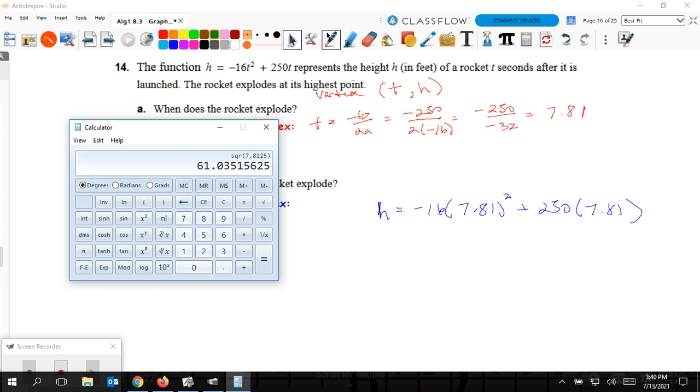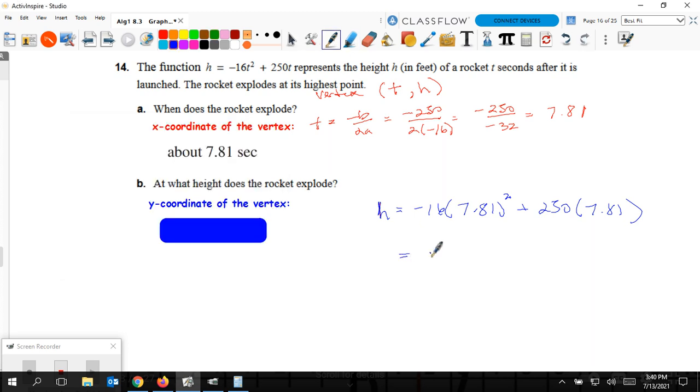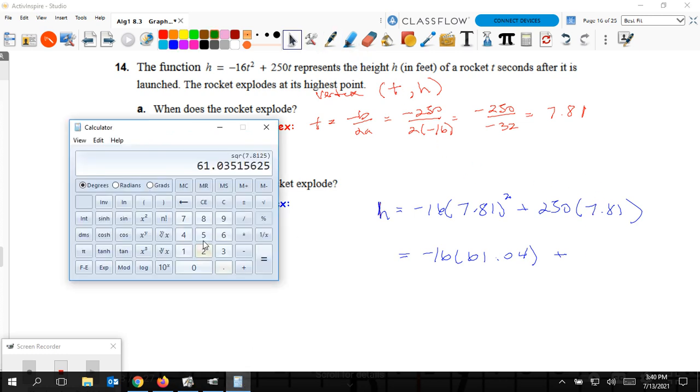61.04. So negative 16 times 61.04 plus, and what's 250 times that? So again, I'll just put it back here, 250 divided by 32 to get it back to the original.